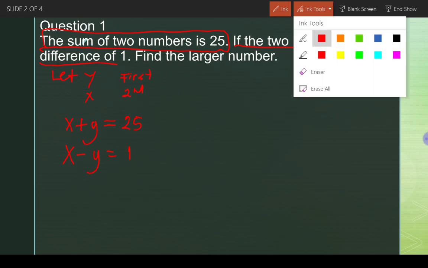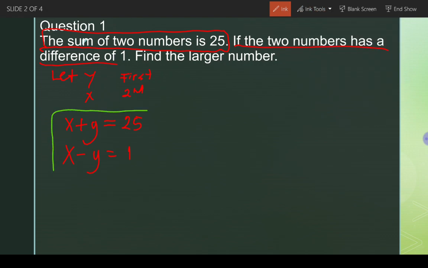So ngayon, we have a system of equations. The first equation is x plus y equal to 25, and then x minus y is equal to 1. This is equation 1, and this is equation 2. Our target is to get the values of x and y.